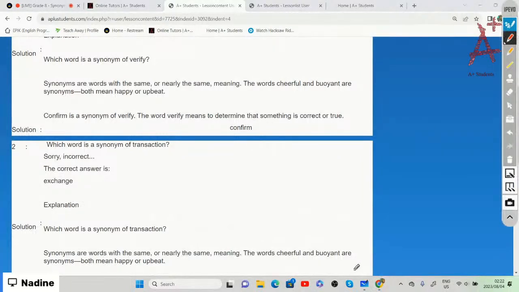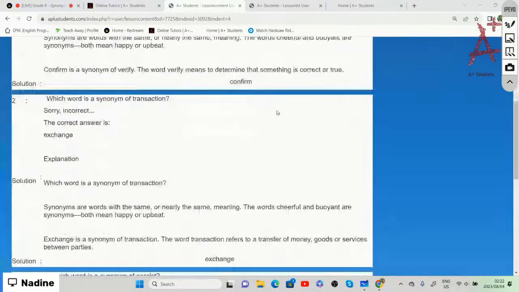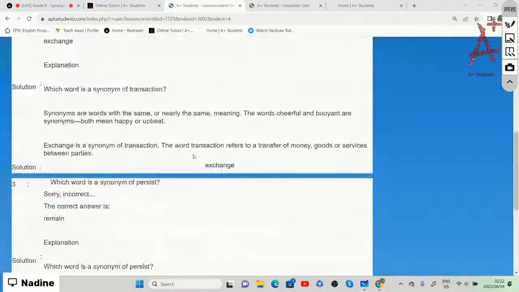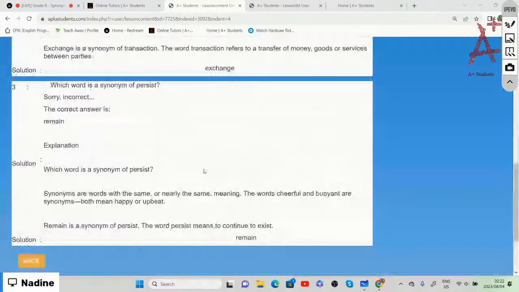All right, we mentioned transaction. Persist. A synonym of persist.